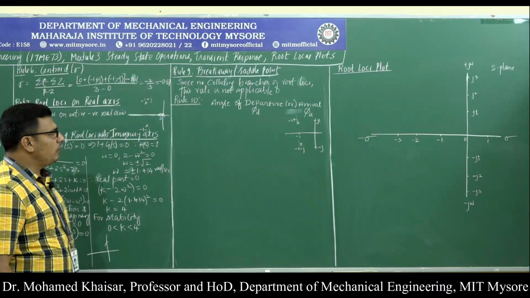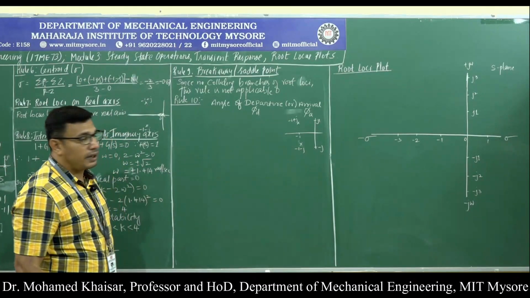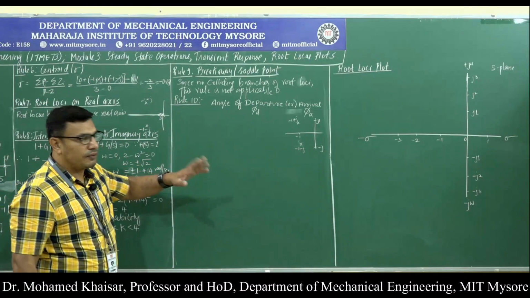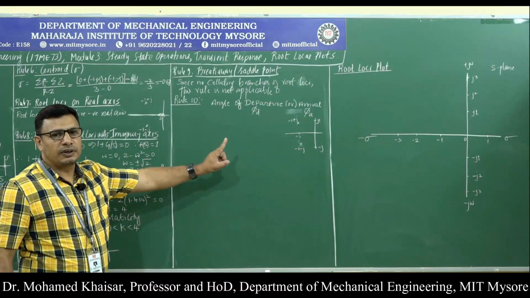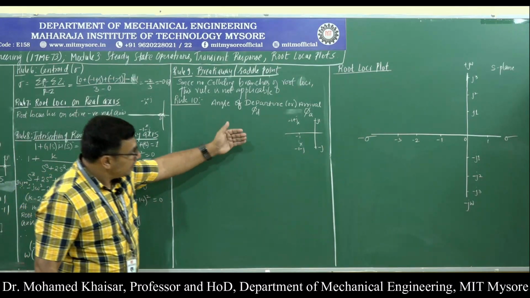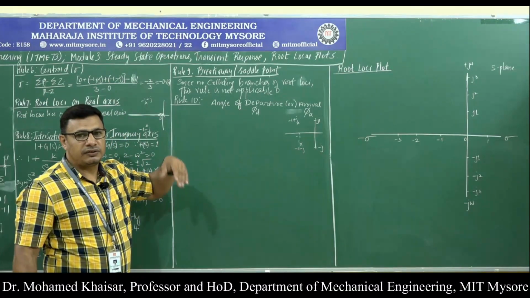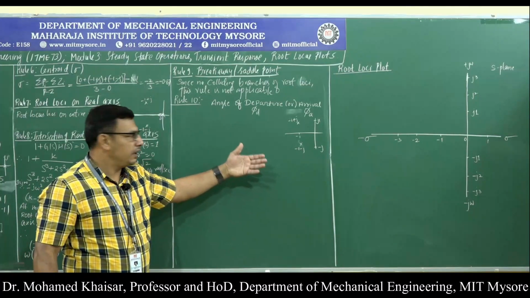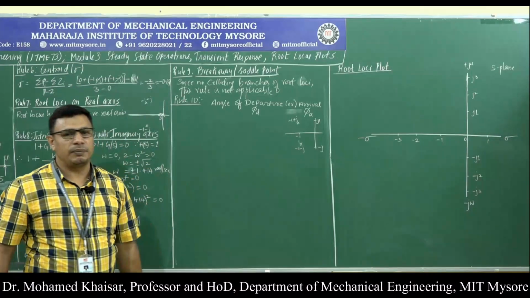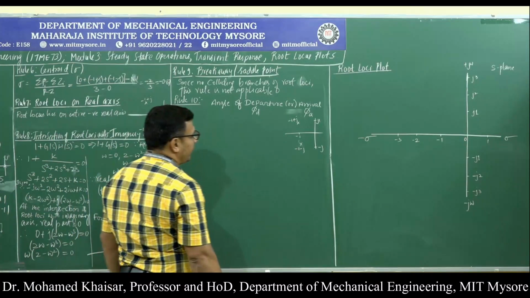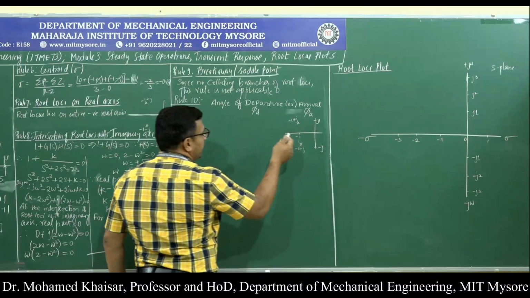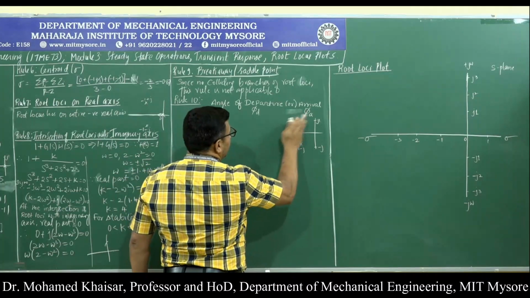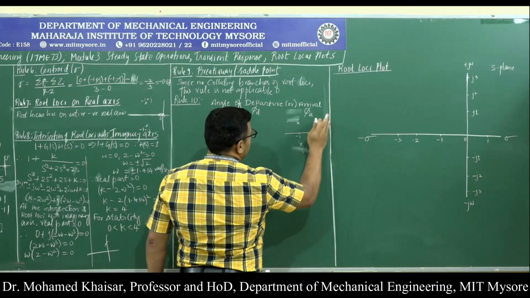Now we will try to find the angle of departure for one of the complex poles, and since there is symmetry, the same angle with opposite sign will be applicable for the other complex pole also. So we will first find the angle of departure for this pole.